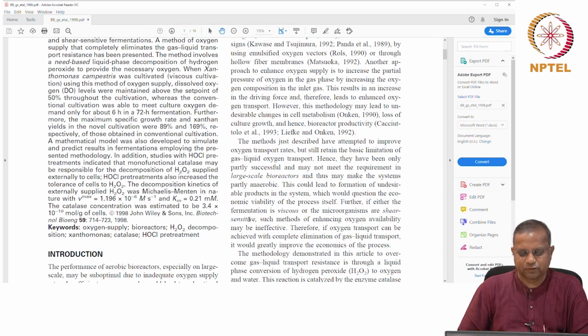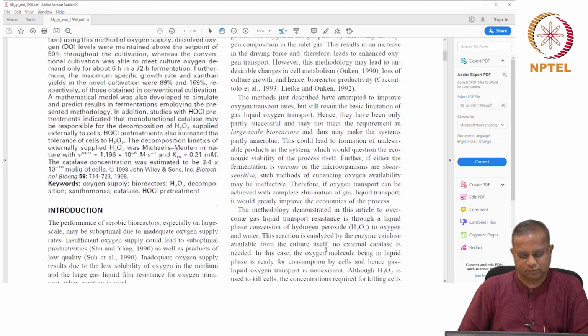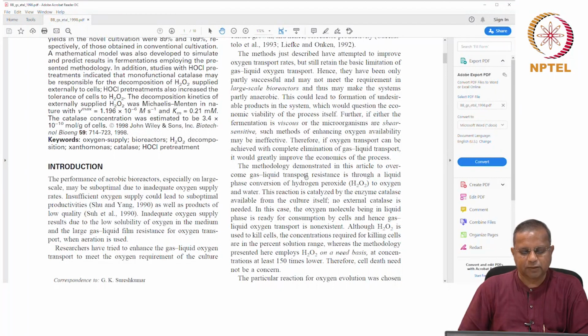Further, if either the fermentation is viscous or the microorganisms are shear sensitive, such methods of enhancing oxygen availability may be ineffective, okay, because the productivity will go down. Therefore, if oxygen transport can be achieved with complete elimination of the gas liquid transport, it would greatly improve the economics of the process.